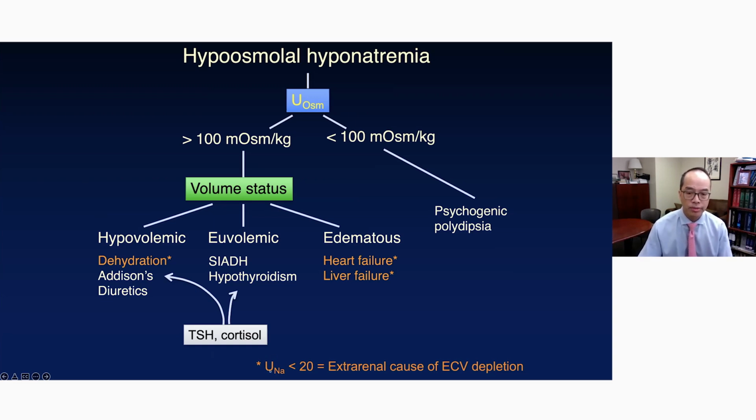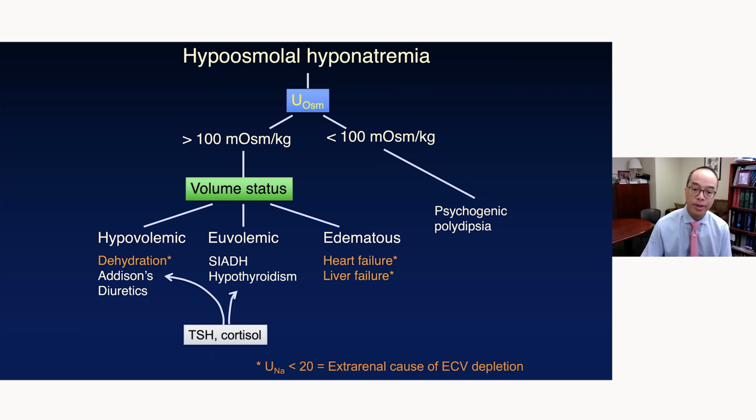If the urine sodium is low, it suggests that there's either an extrarenal cause of volume depletion or effective circulating volume depletion from heart failure or liver failure. Finally, those patients who are euvolemic, the majority of them have a condition where vasopressin or ADH is simply released inappropriately, and we call that syndrome of inappropriate ADH secretion, or SIADH.